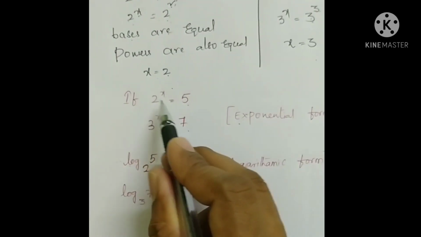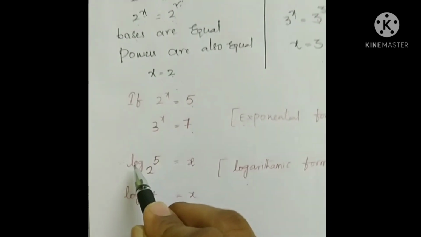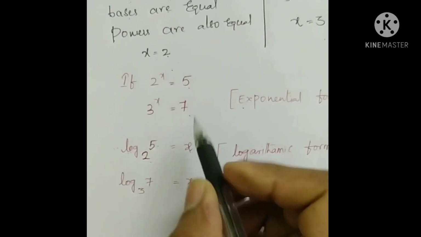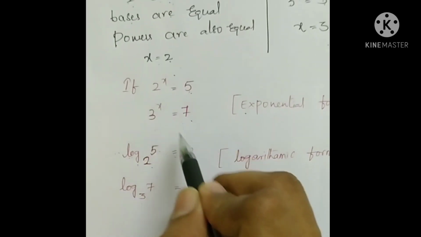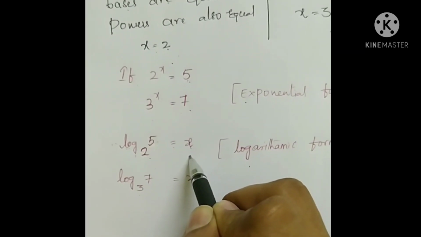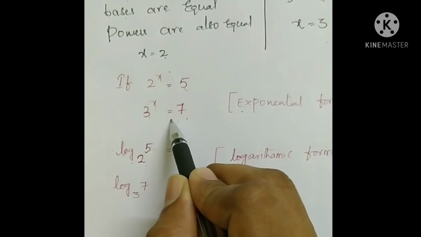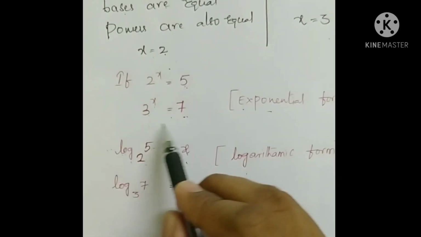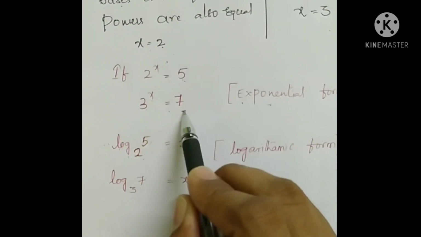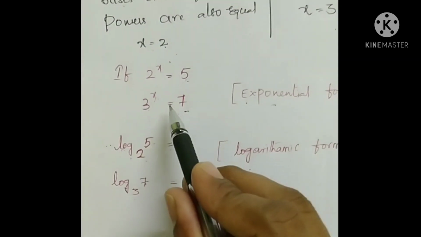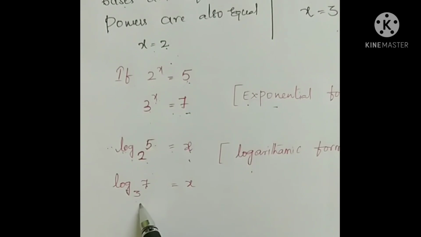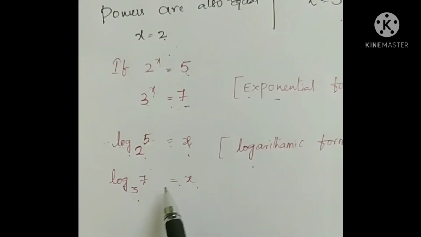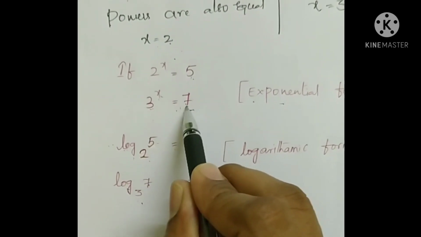So this should be written in logarithms. Log 5 base 2 is equal to x. Next one, 3 power x is equal to 7. This is the exponential form. The logarithmic form of 3 power x is equal to 7 is log 7 base 3 is equal to x.